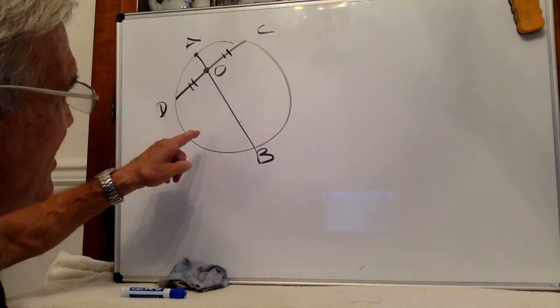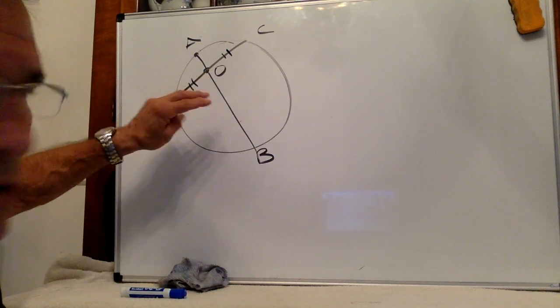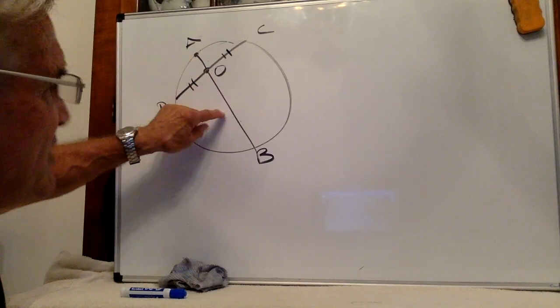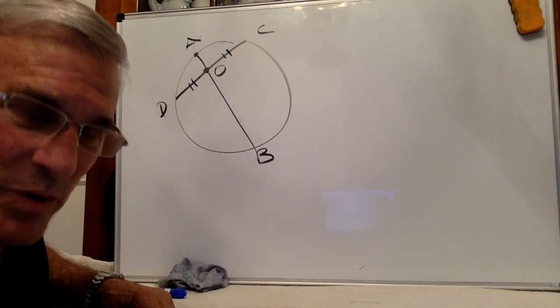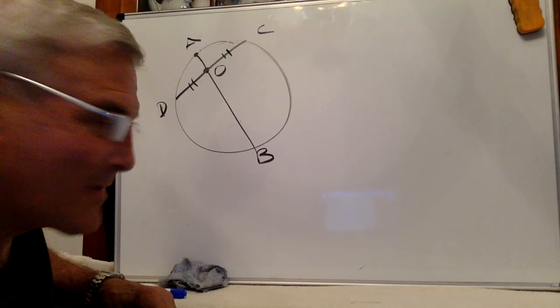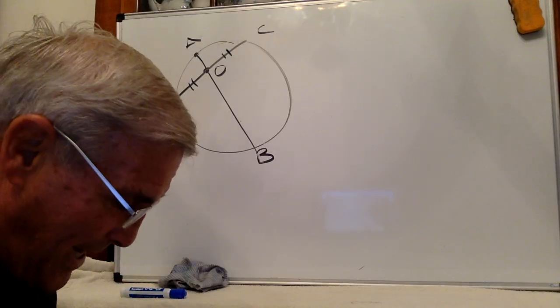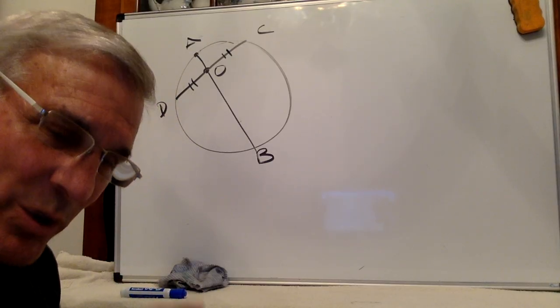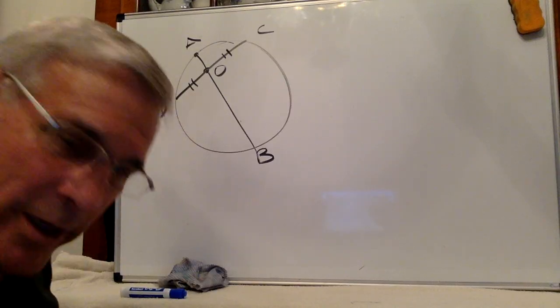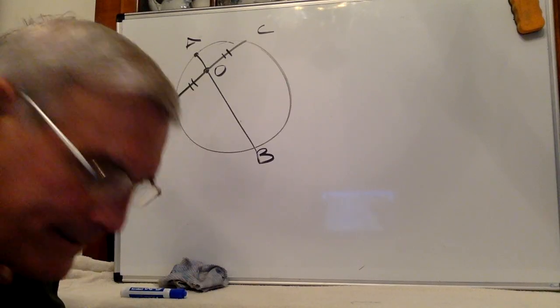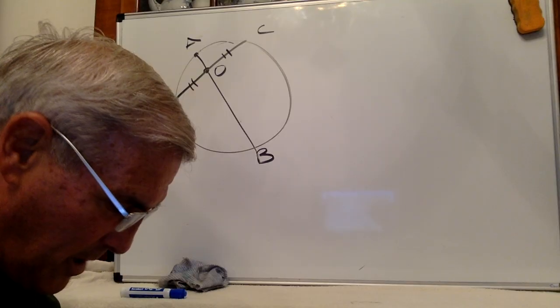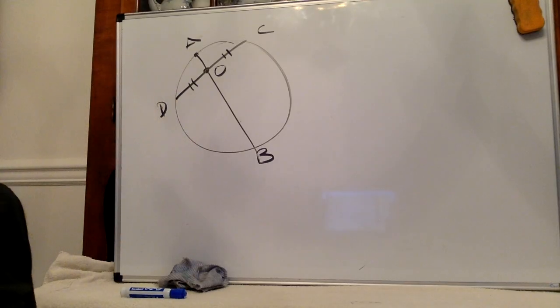But by drawing it this way, it makes it a little more obvious that these two pieces don't have to be congruent. So in problem 1A, the only two segments that you can definitely say are congruent to one another are CO and OD.